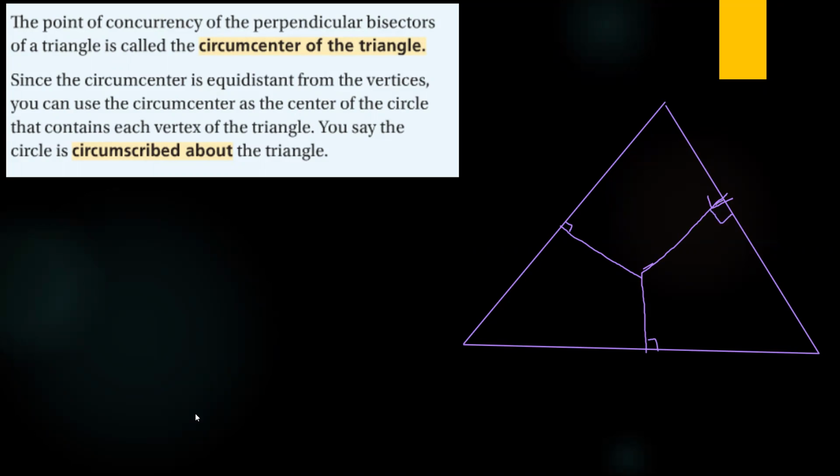So when the concurrent lines come and sit in the triangle, they will not be called concurrent lines. They change their name to perpendicular bisectors. And the point of concurrence says, I must change my name too. I want to be the circumcenter of the triangle.